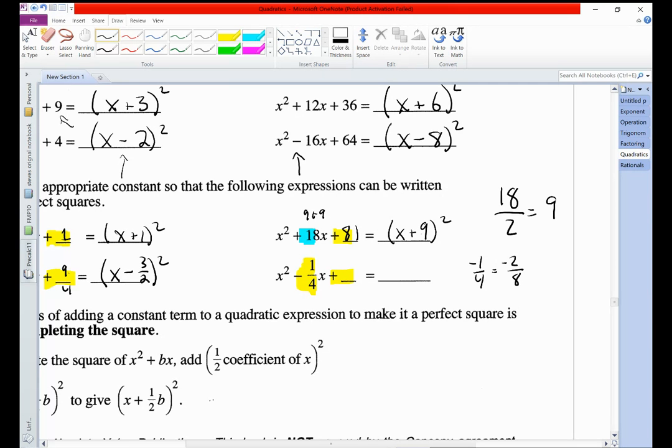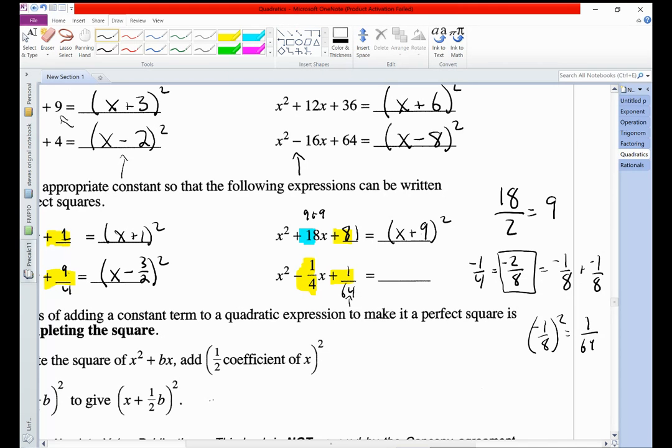Because now if we're looking for two numbers that add to make negative 2/8, you could say, well, negative 1/8 plus negative 1/8. We can actually split that numerator a little bit easier. And now if our constant here is that negative 1/8 multiplied by itself, or negative 1/8 squared, we're going to get 1 over 64.